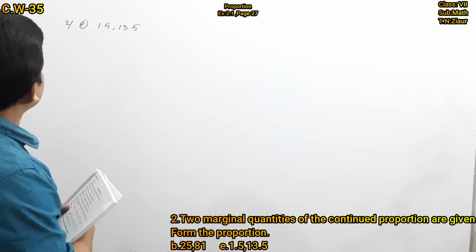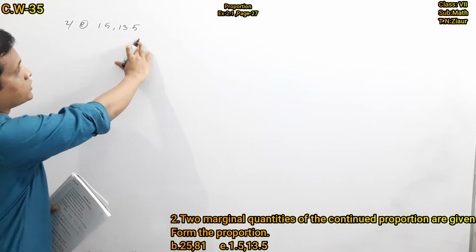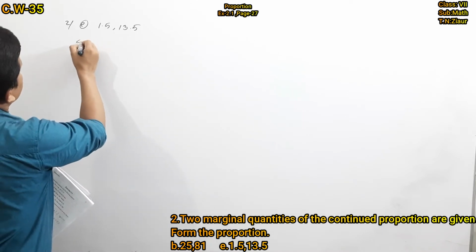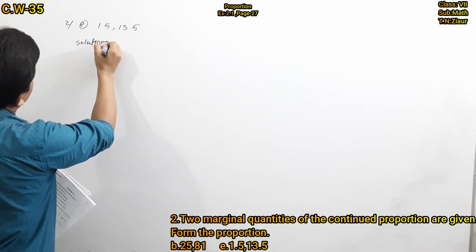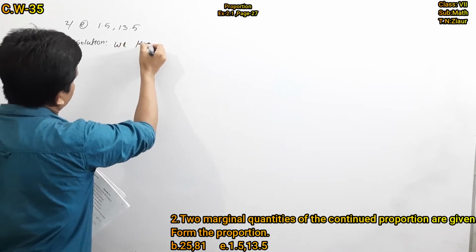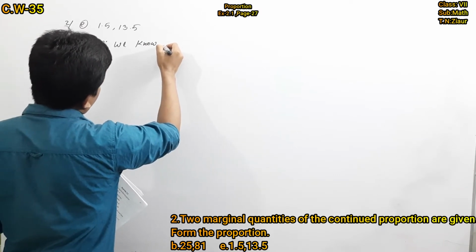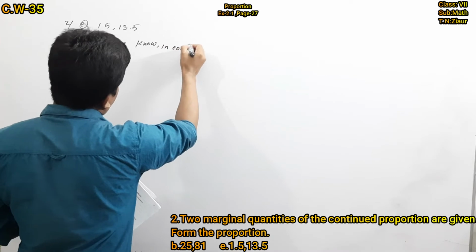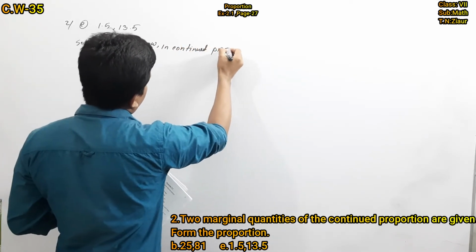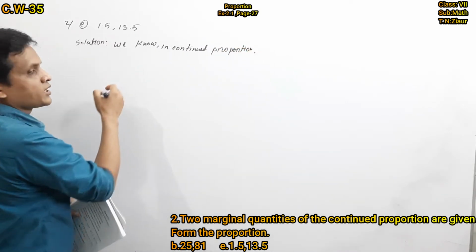So E number here given, the first quantity is 1.5 and third quantity is 13.5, that means here given the marginal quantities. So again we can write solution. So we know in continued proportion, which one can you tell me?